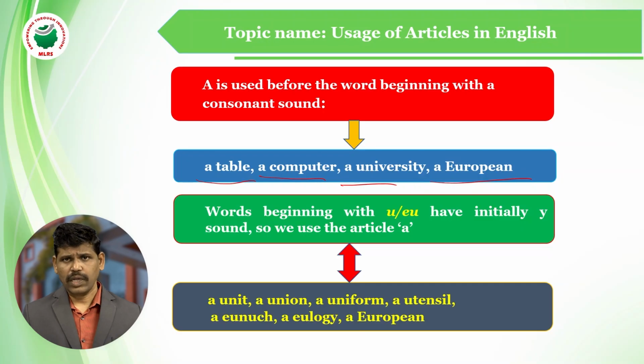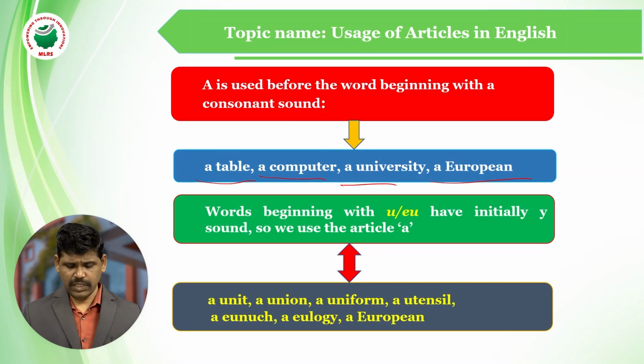In university, even though it is the vowel alphabet U, the sound is like ya; the Y is hidden. So the word university takes the article a. In the same way, European also, EU also represents the Y sound, so we use article a before the word European also.